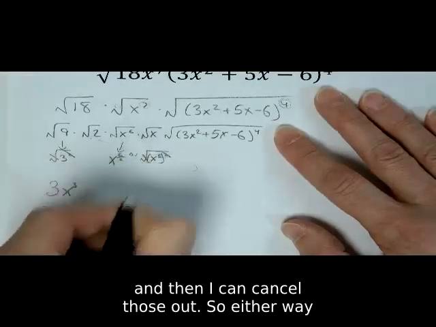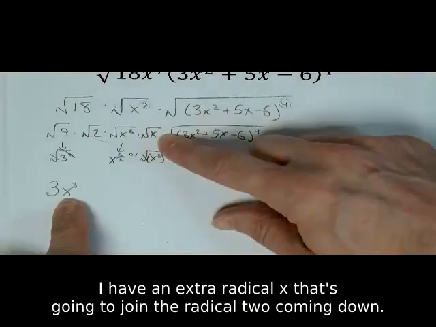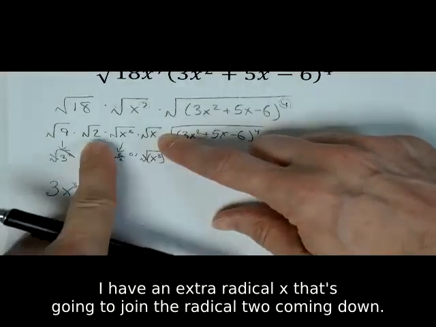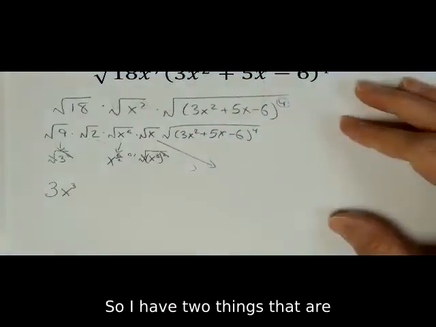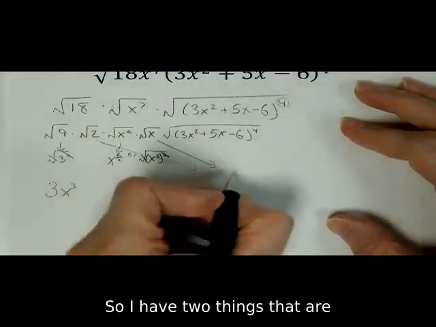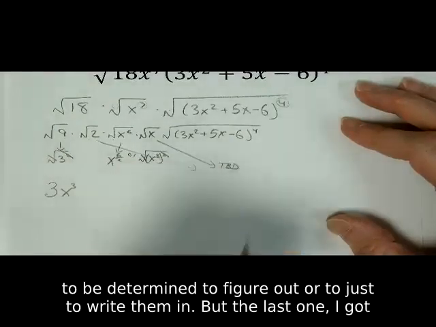And then I can cancel those out. So either way, I'm going to end up with x to the 3rd. I have an extra radical x. That's going to join the radical 2 coming down. So I have 2 things that are to be determined, to figure out, or just to write them in.